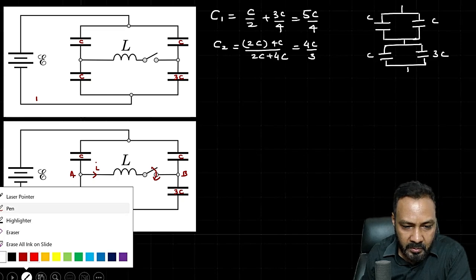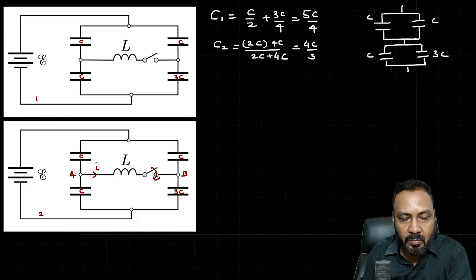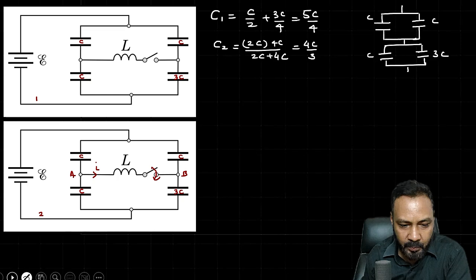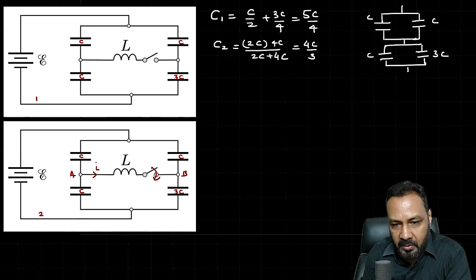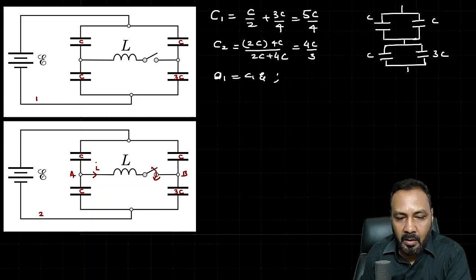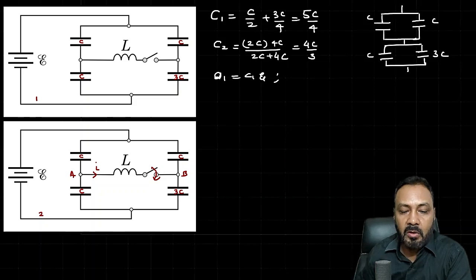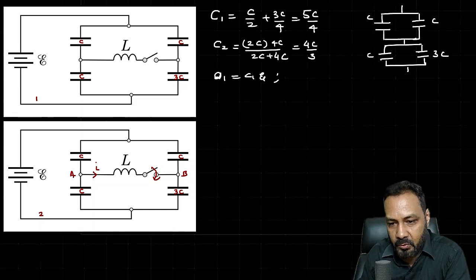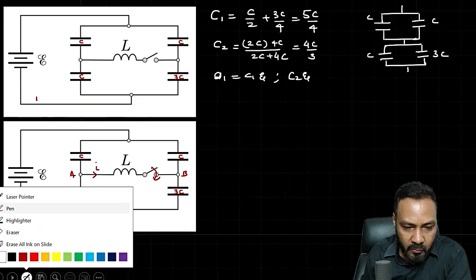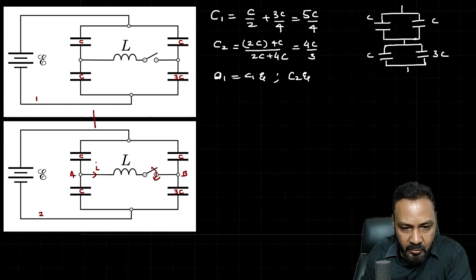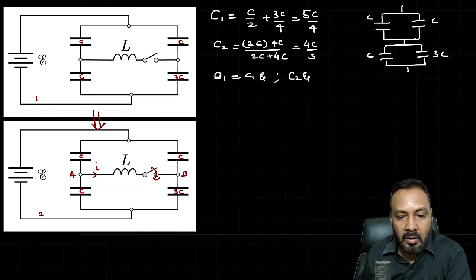According to this situation, how much charge has the battery given to the circuit? In state 1, the battery has given a total charge Q1 equal to C1 into E. And in this situation, the battery has given a total charge according to the overall equivalent capacitance C2, so C2 into E. So from here to here, how much charge has flown through the battery?